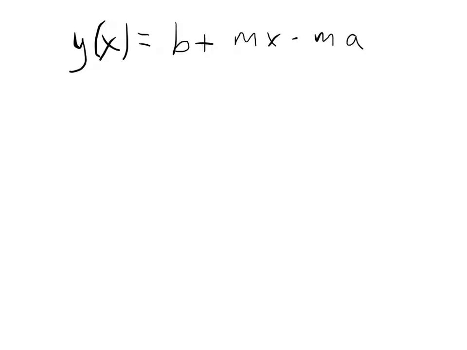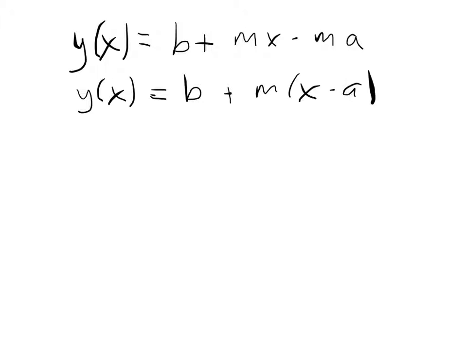Okay, so we had y of x equals b plus mx minus ma. Factoring out the m there, we get y of x equals b plus m times x minus a.